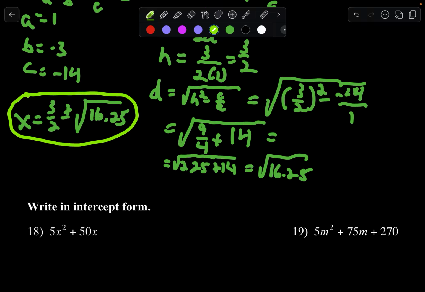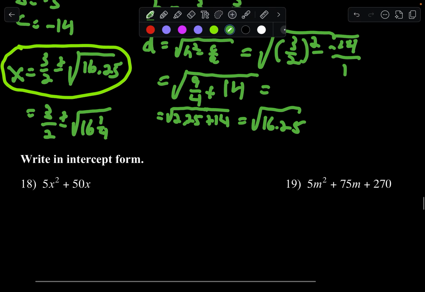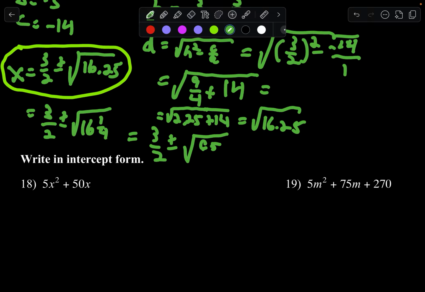Now, some of the kids who are on top of things and like to overachieve would realize 16.25 is the same thing as 16 1/4. And then 16 1/4 you can write as an improper fraction by multiplying 16 by 4, which is 64, and then add the 1, and this becomes 65 over 4.